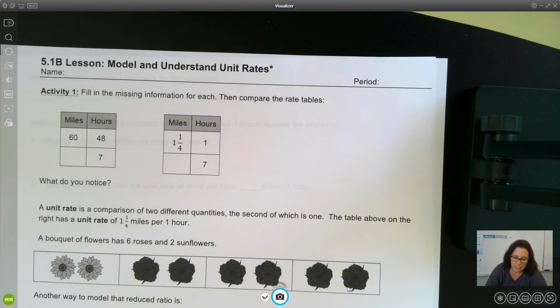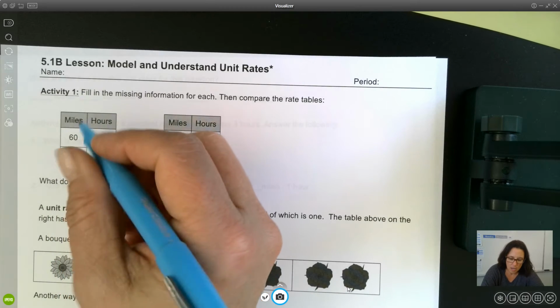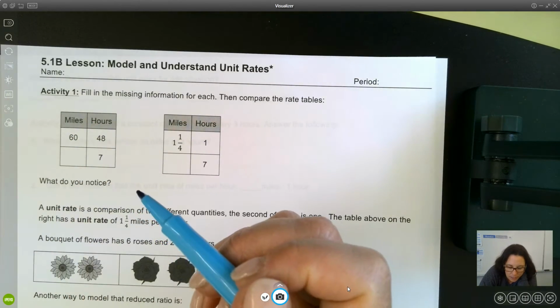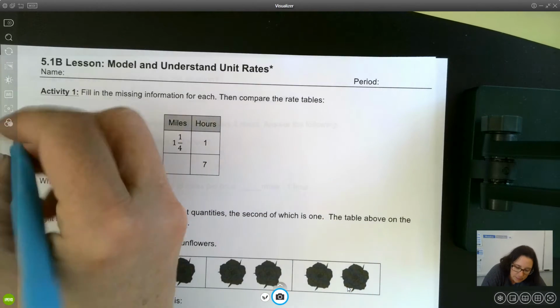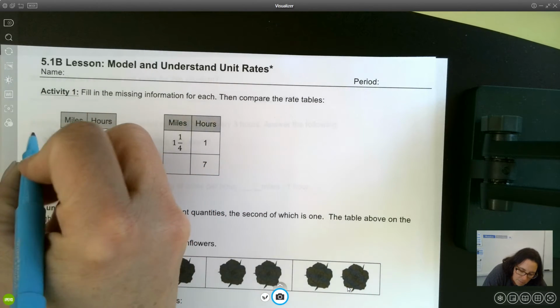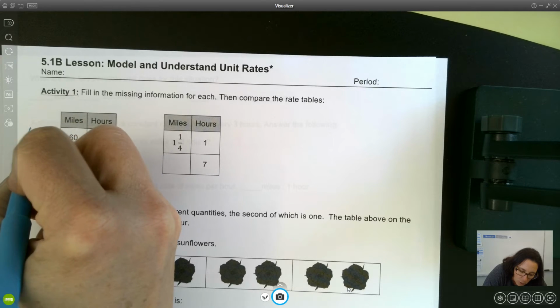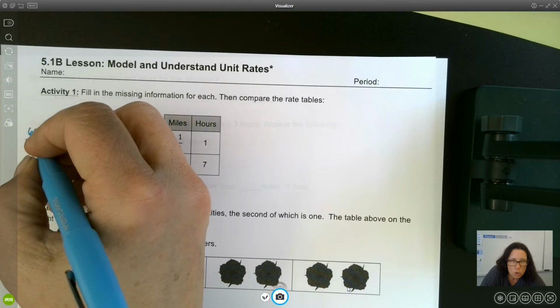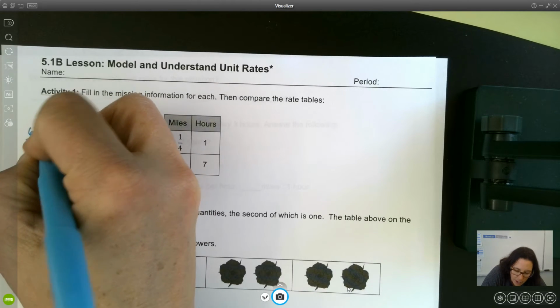Okay, so if I look at the 60 and the 48, if I do 60 divided by 48, that would end up being 12 goes into those. Yes, 5/4.